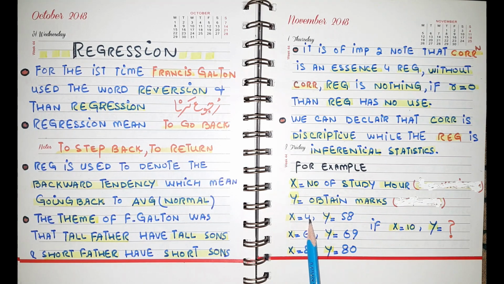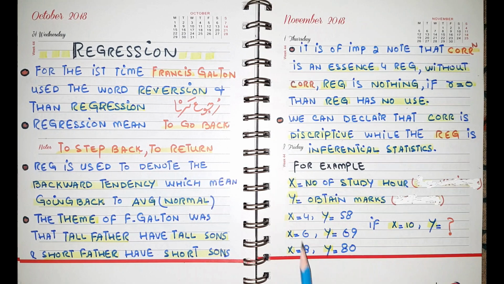If x is equal to 4, it means that I have studied 4 hours, I obtained 58 marks. Next time I studied 6 hours, I obtained 69 marks. Next time I studied 8 hours and obtained 80 marks. So it shows that there is a relationship existing between the two variables.